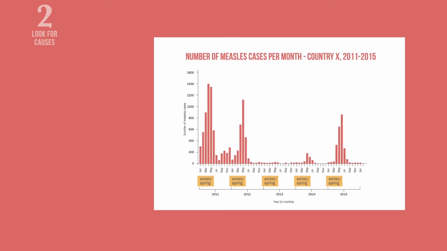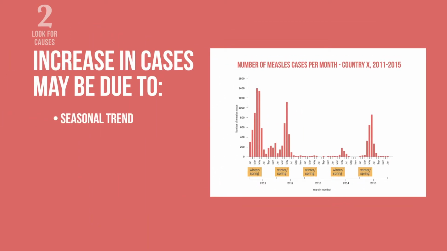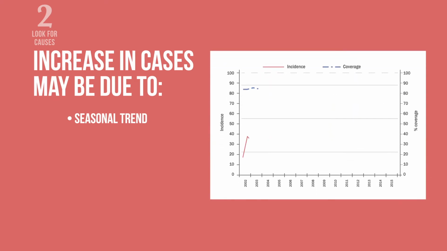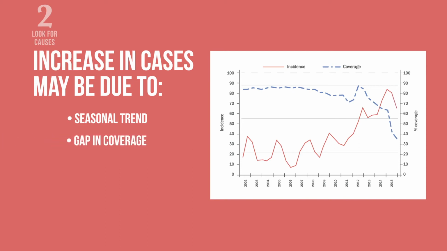The increase in cases may be due to an expected trend, such as a seasonal or periodic increase in certain diseases. You can also compare surveillance data with immunization data, such as coverage rates. A rise in cases may be linked to a gap in coverage that accumulated over a few years.